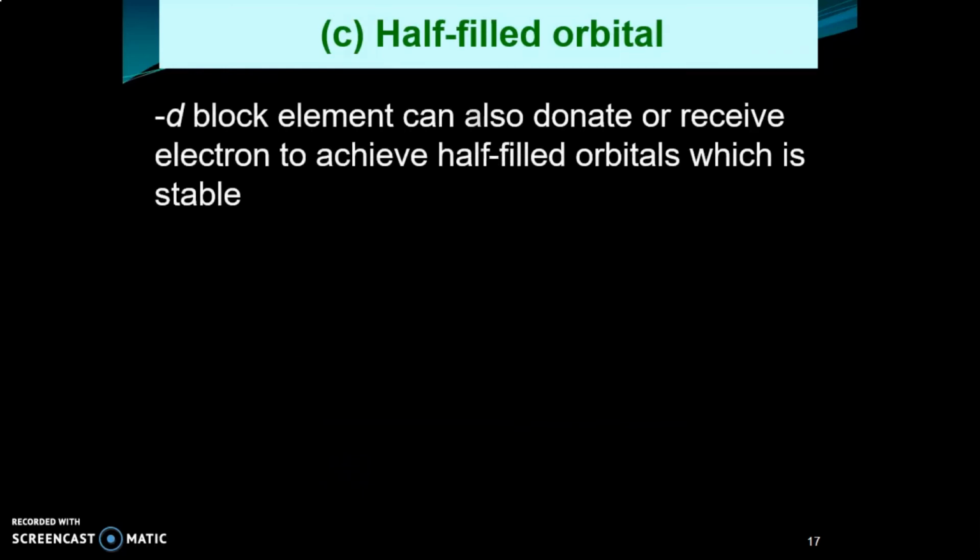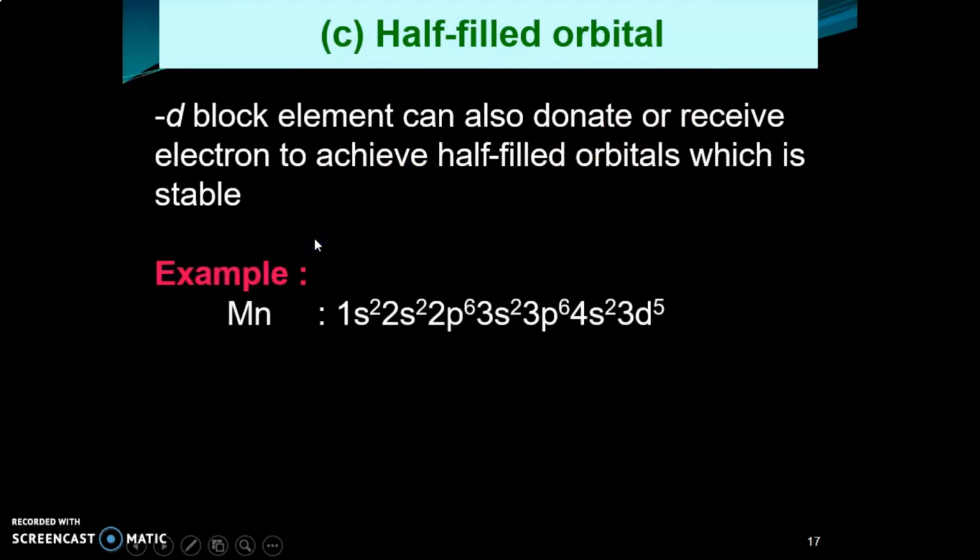Half-filled orbital. D block elements can also donate or receive electrons to achieve a half-filled orbital, which is stable. Example, manganese. The electronic configuration is 1s2, 2s2, 2p6, 3s2, 3p6, 4s2, 3d5. So manganese will remove 2 electrons from 4s to achieve a half-filled orbital.